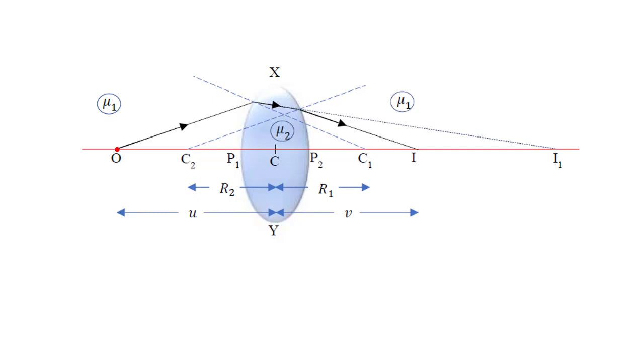And here there is another surface. The refraction is from the denser medium to the rarer medium, and this is the normal.